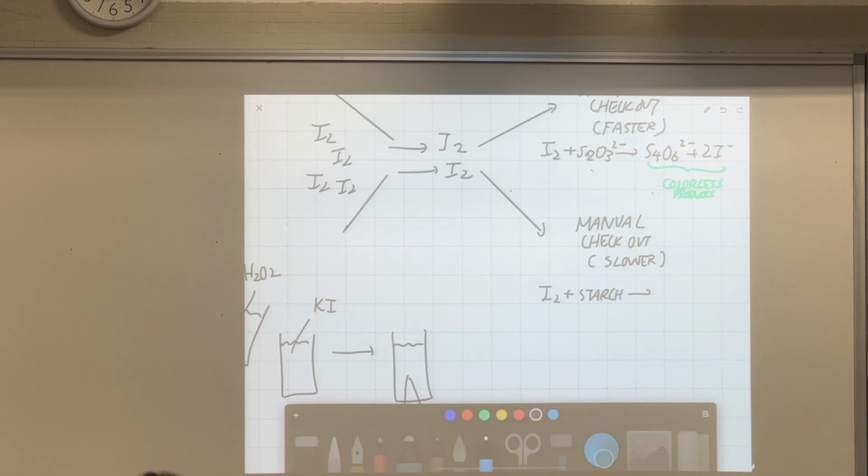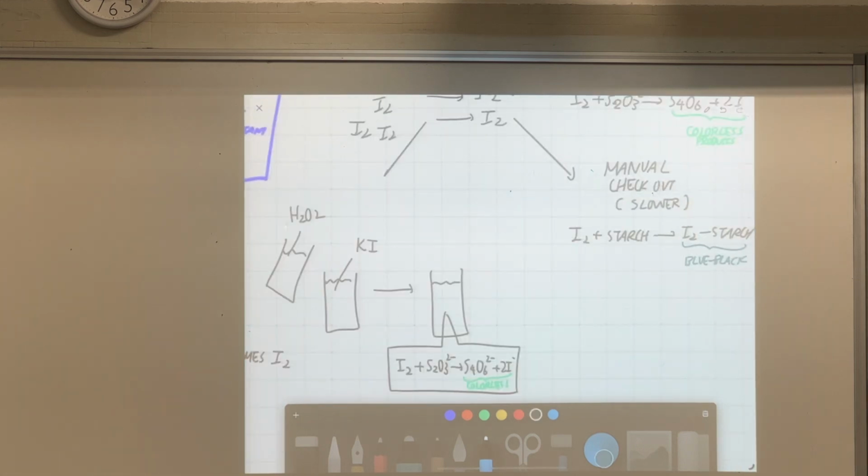Iodine will react with starch to form iodine-starch complex, and for those of you who do biology, you know this is blue-black. So when iodine has no choice but to react with starch, it will suddenly turn blue-black. This is why the reaction mixture suddenly turns into a very scary blue-black color, and that means the iodine has now reacted with starch.